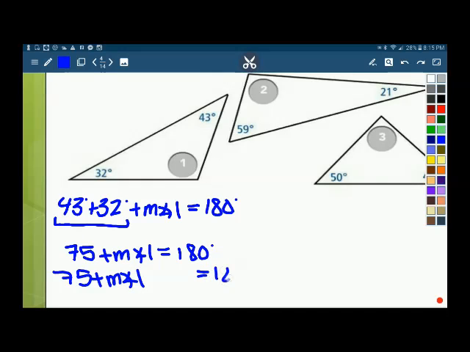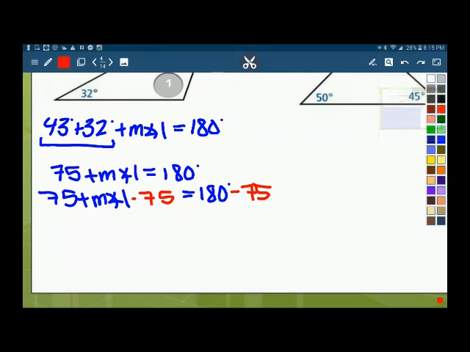So I'm going to subtract 75 degrees from each side of the equation. Now my 75s are gone, and I'm left with the measure of angle 1 is equal to 105 degrees.